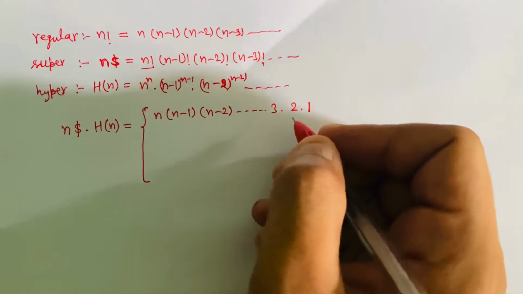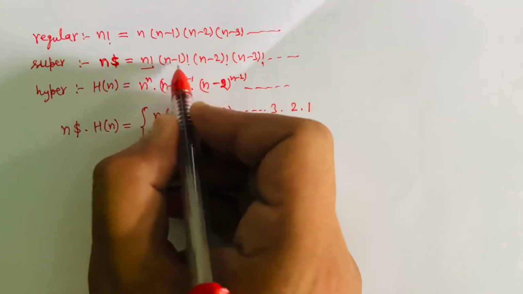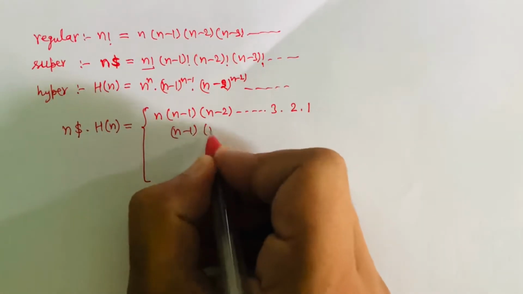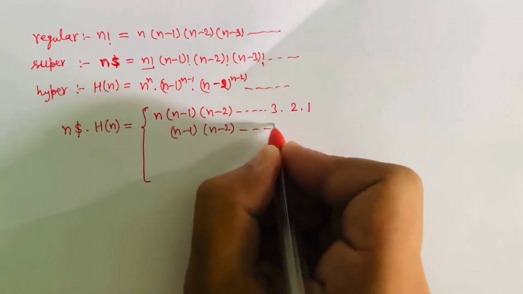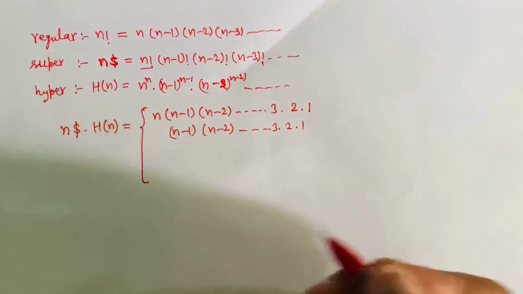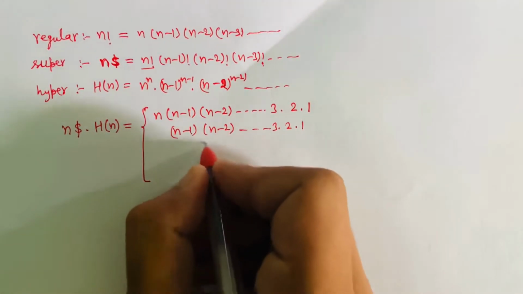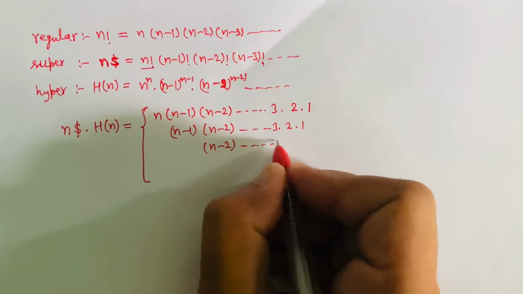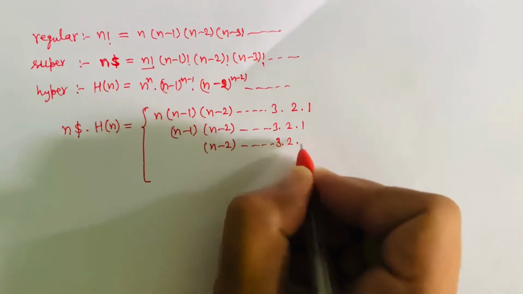Now I'm going to expand n minus 1 factorial: n minus 1, n minus 2 up to 3 into 2 into 1. Now I'm going to expand n minus 2 factorial, so it will be 3 to 1.